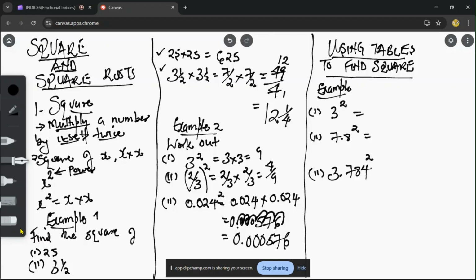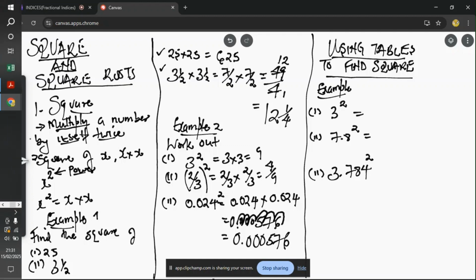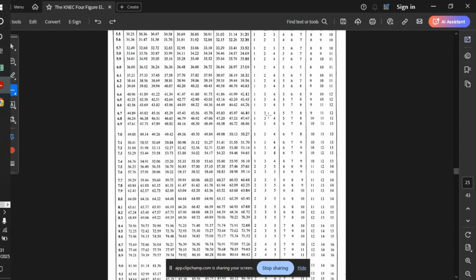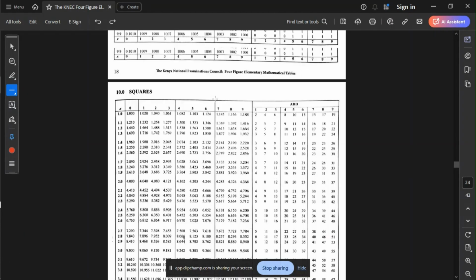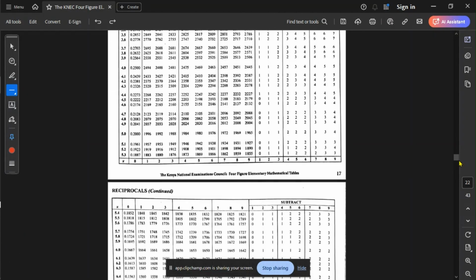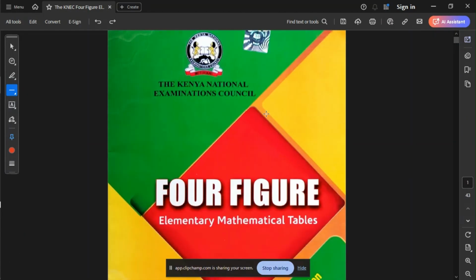Now, I know that maybe you've never interacted with the tables, so I'll show you what a table looks like. Let me open where we have the table, and this is how the table looks.